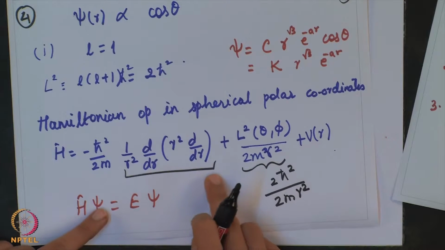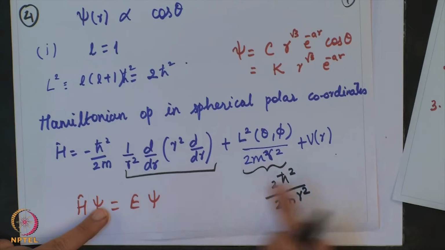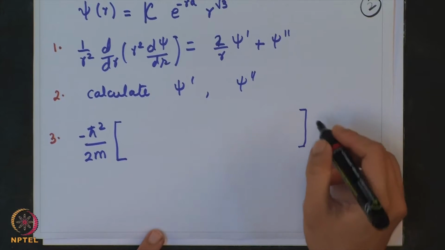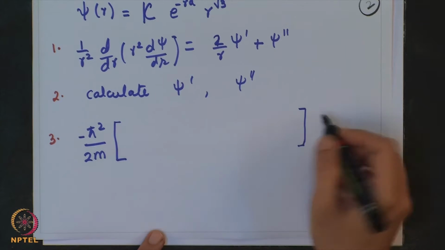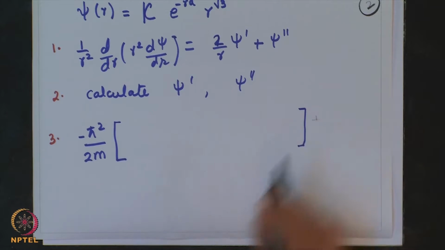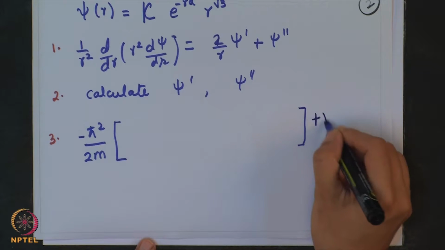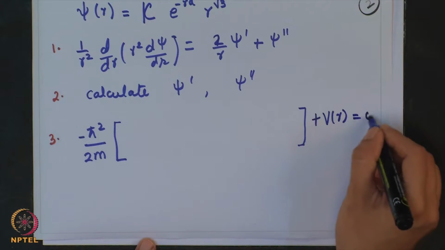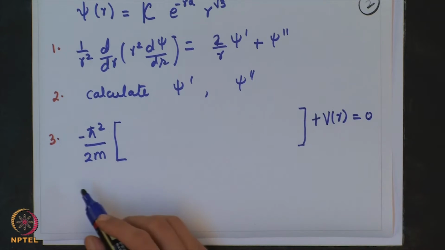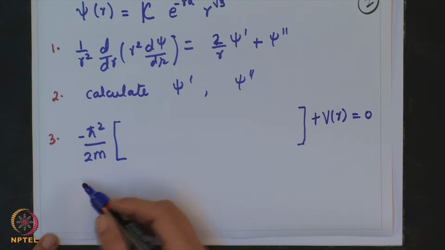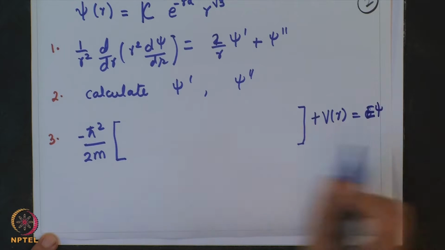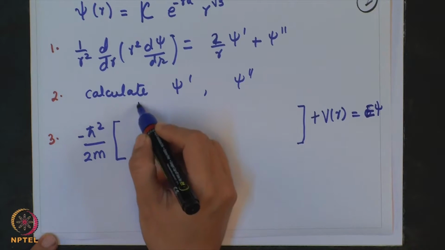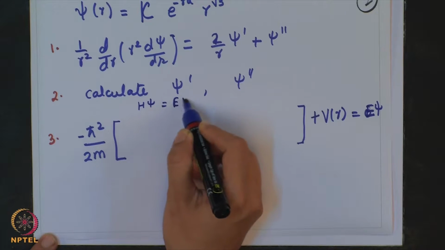You will substitute for this using points 1 and 2 and this here, and then you equate this to 0, plus you will have a V of r psi term. So, what you obtain will be E psi actually, not 0, because we are doing H psi is equal to E psi.